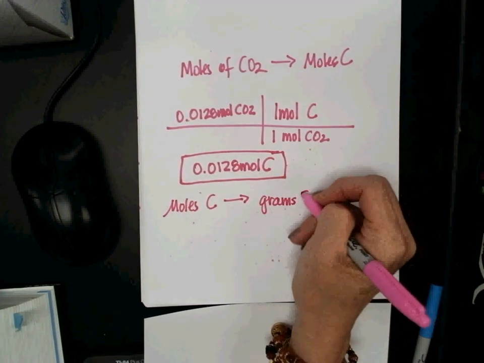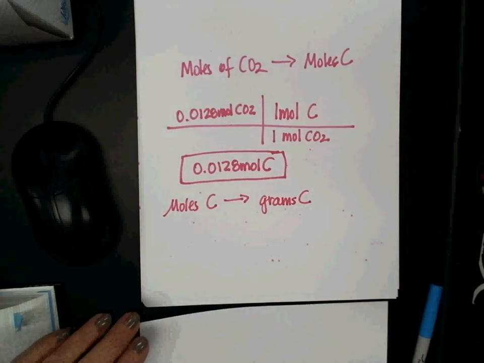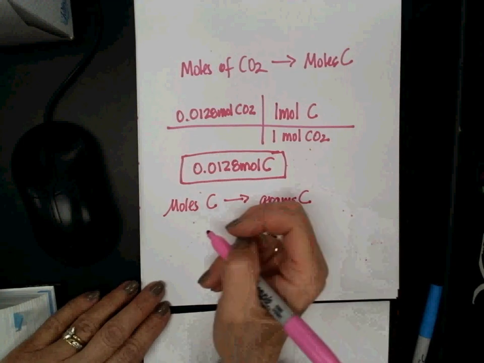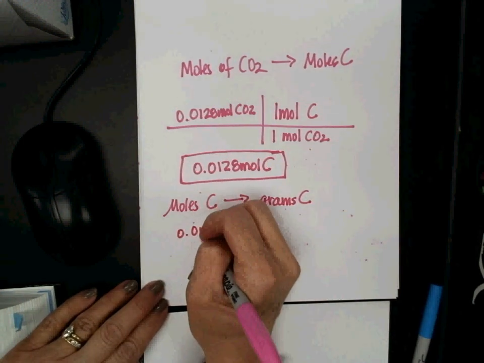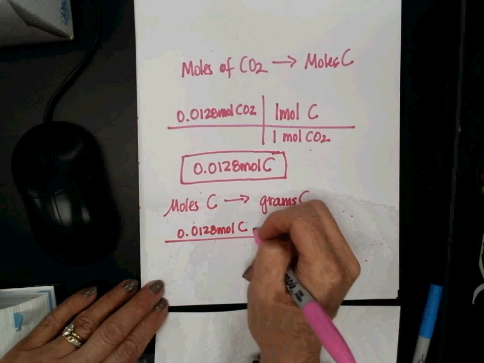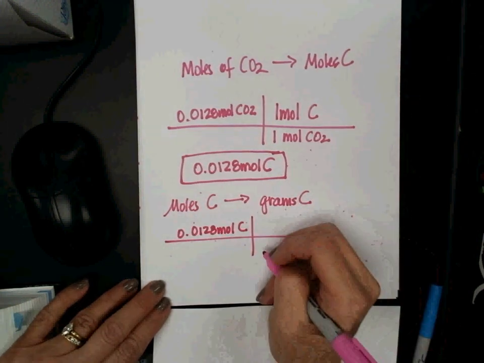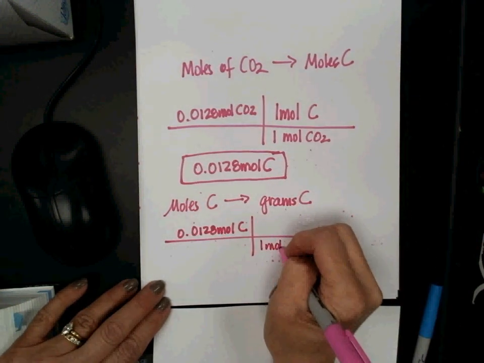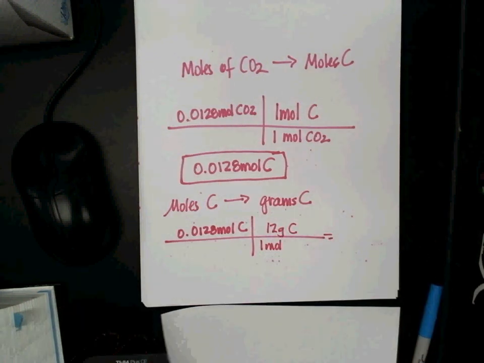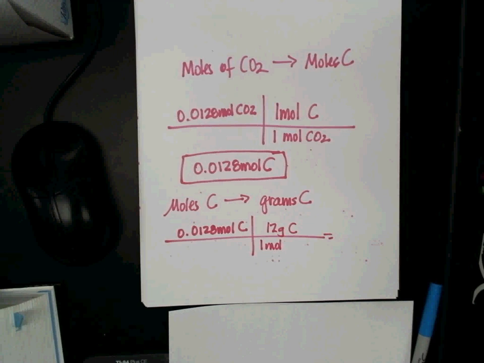So then let's take our moles of C to grams of carbon, which I really could have done in one big step, but I wanted you to see it broken down. So I'm going to go 0.0128 mole of carbon. Now I'm going to use Caitlin's other information she gave me. In every 1 mole of carbon, there are 12 grams of carbon.